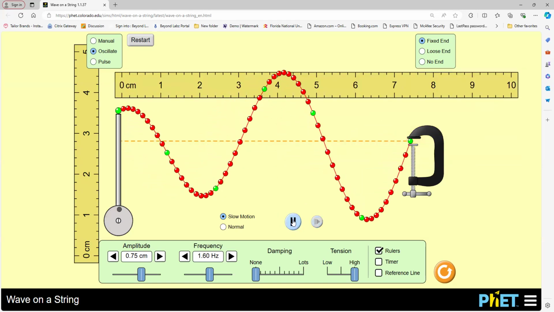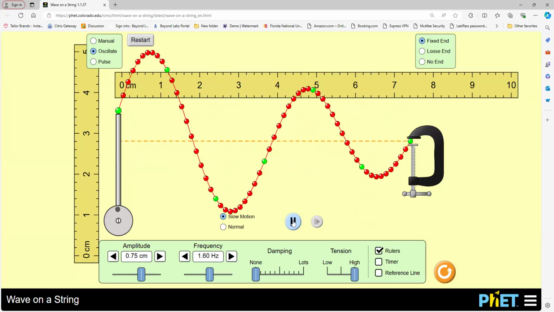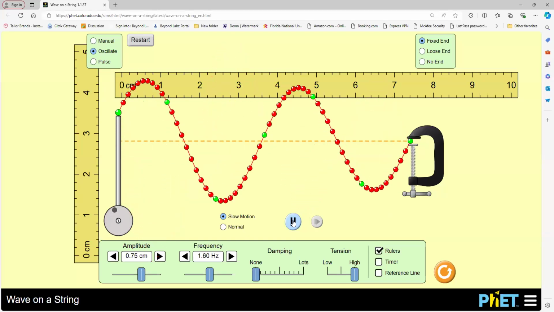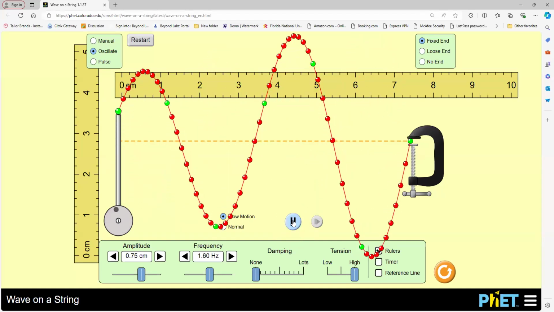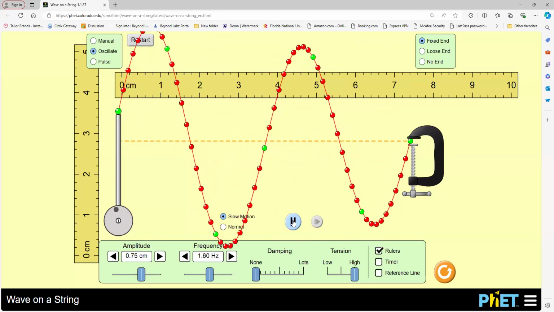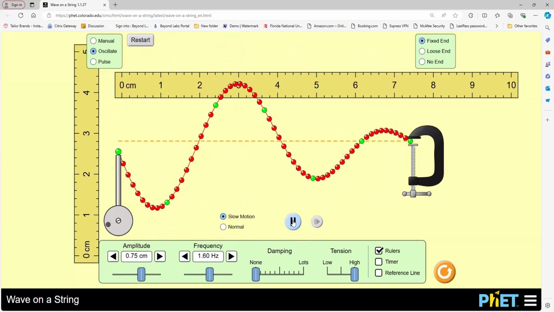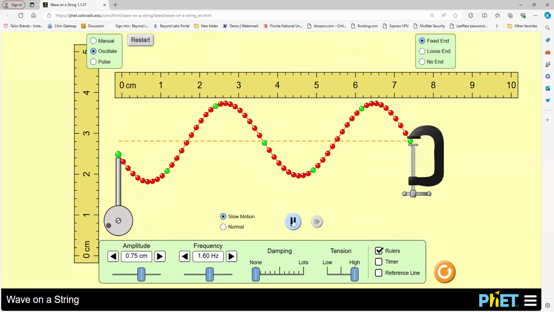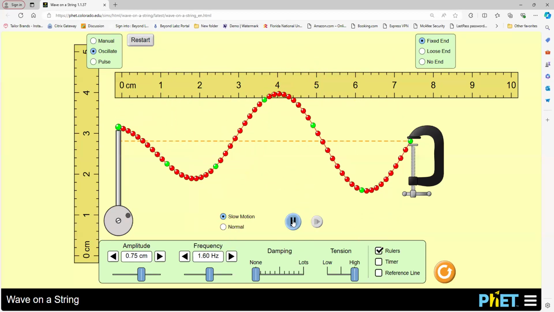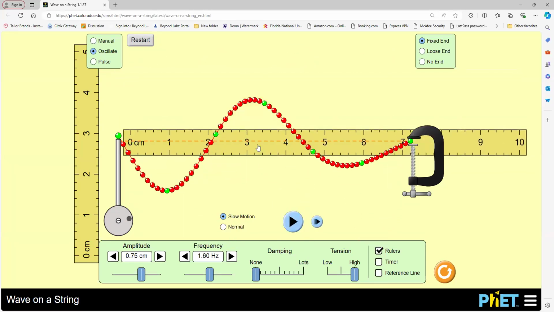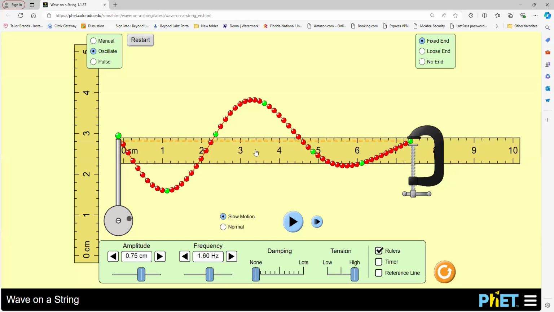But I can just keep doing this again. So I can measure this again. It shows about 4.6.